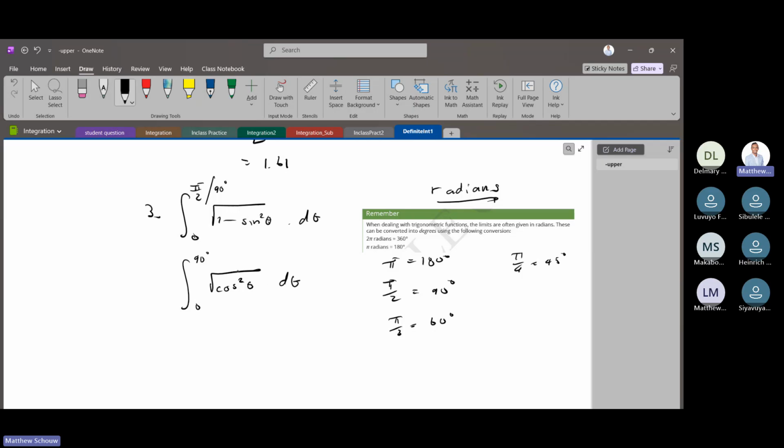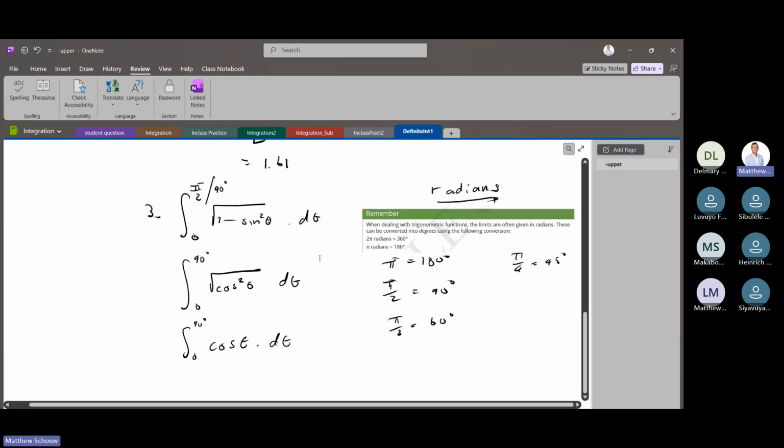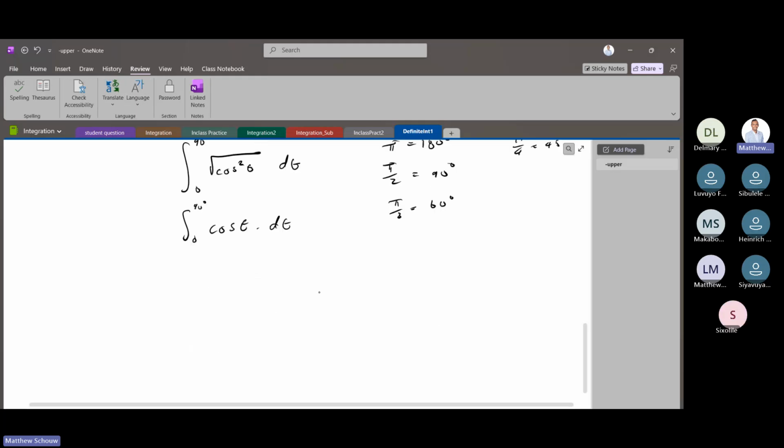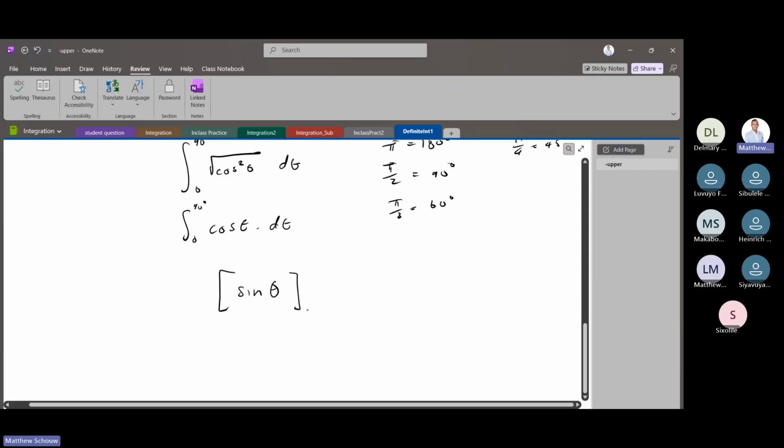Obviously, the square root and the square over here will cancel. You'll be left with cos theta from 0 to 90 degrees, d theta. We integrate cos, and if you recall, the integration of cos is sine theta, from 0 to 90 degrees.